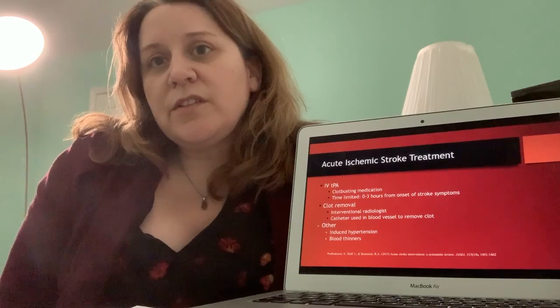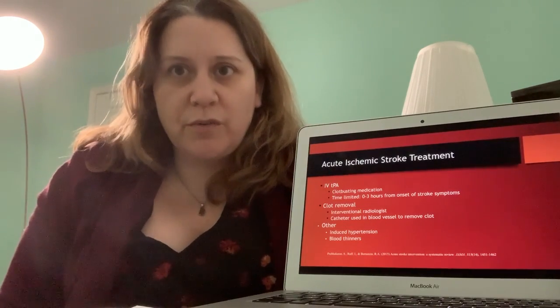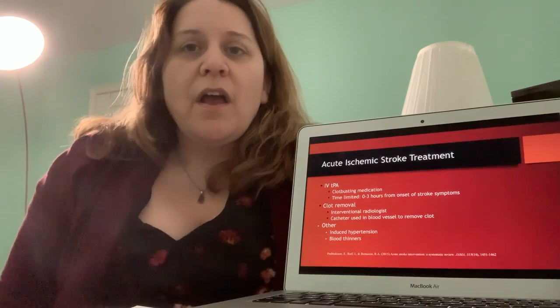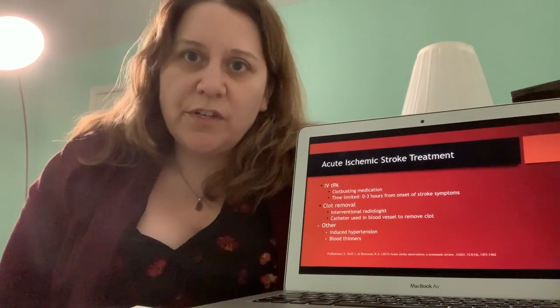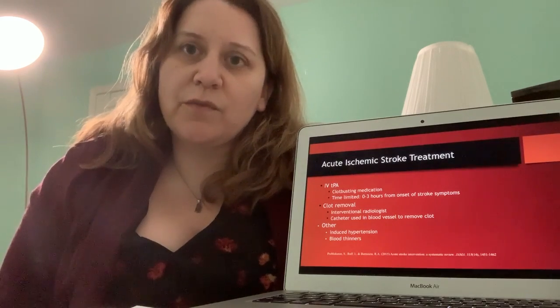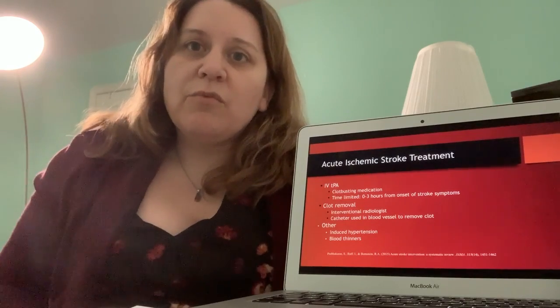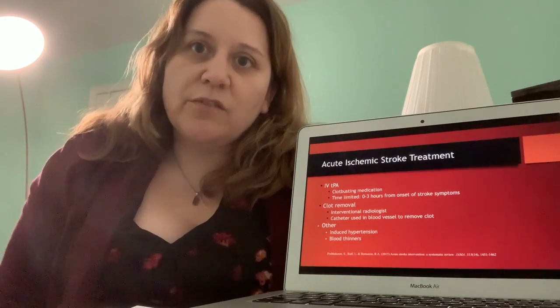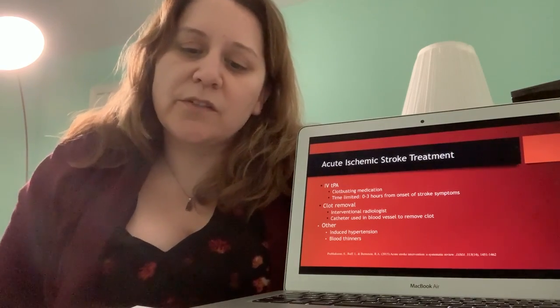This drug was initially introduced in 1995, and it had a strict window of 3 hours. Due to scientific advancement and increased research, they have increased the window up to 4.5 hours for certain patients. But that requires a very thorough risk-benefit analysis and also a conversation with the patient and the family about the risks.